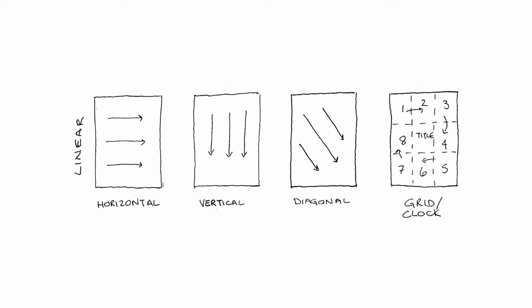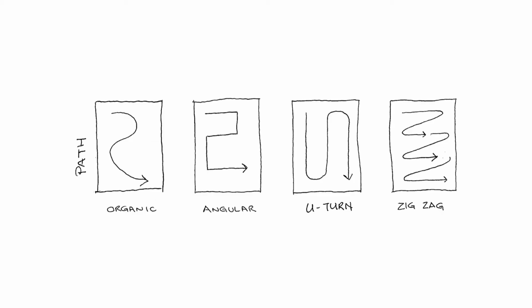So it might make most sense to you to record things left to right or top to bottom or even on a diagonal, and that's fine. You can use a sort of grid and work your way around in a circle, or choose a path that meanders across the page or zigzags back and forth across the page as you record your ideas.